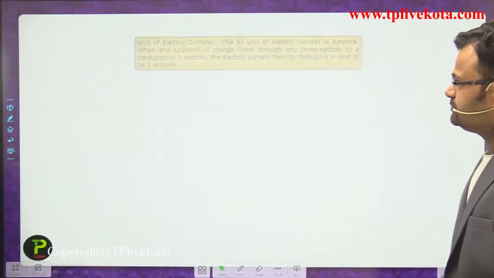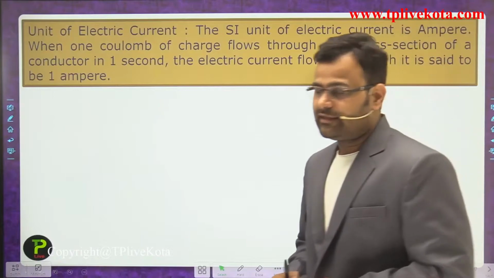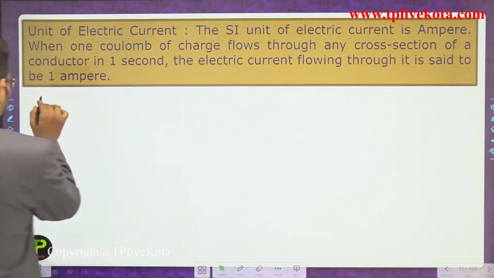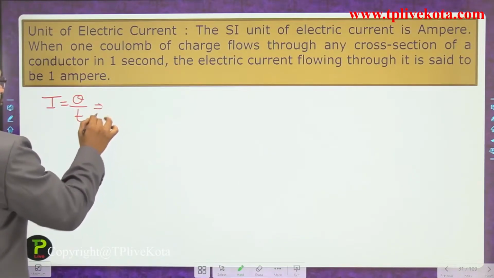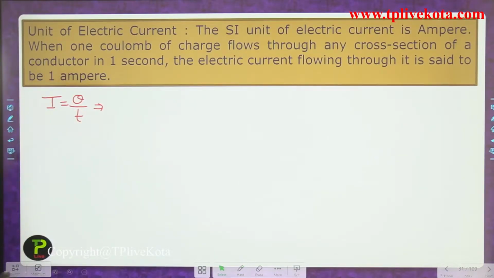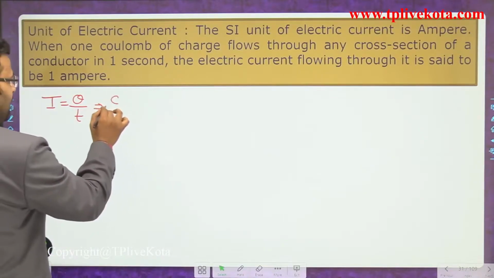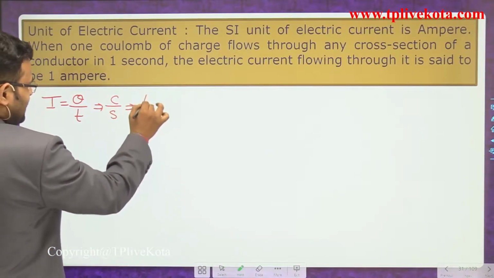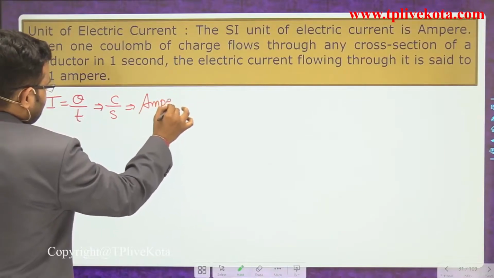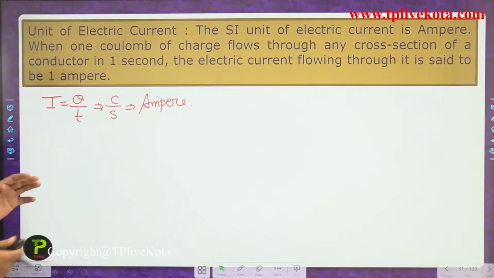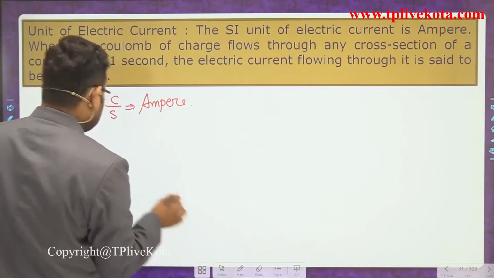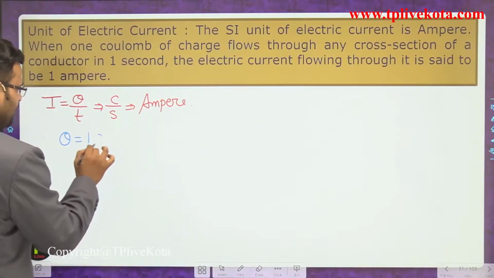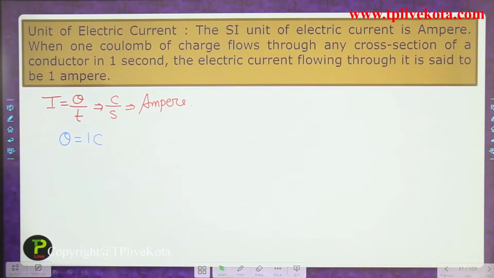The second thing is the unit of electrical current. Previously we discussed the formula I is equal to Q upon T. So the SI unit of electrical current is the ampere, so coulomb upon second can be written as ampere. Okay, now let's suppose a charge of 1 coulomb, Q is equal to 1 coulomb, flows through any cross section area.